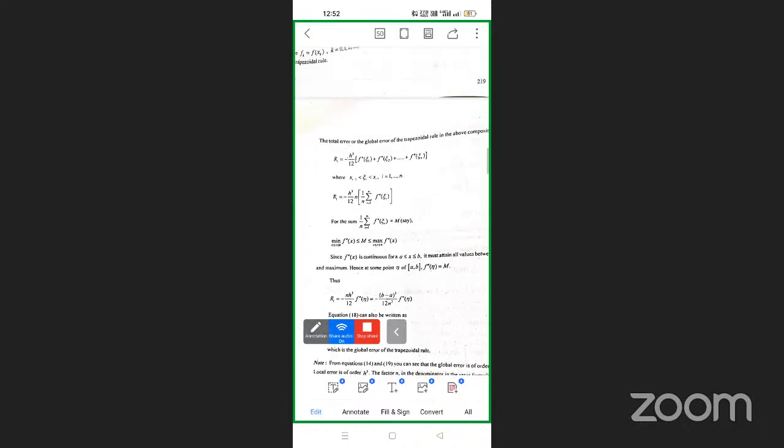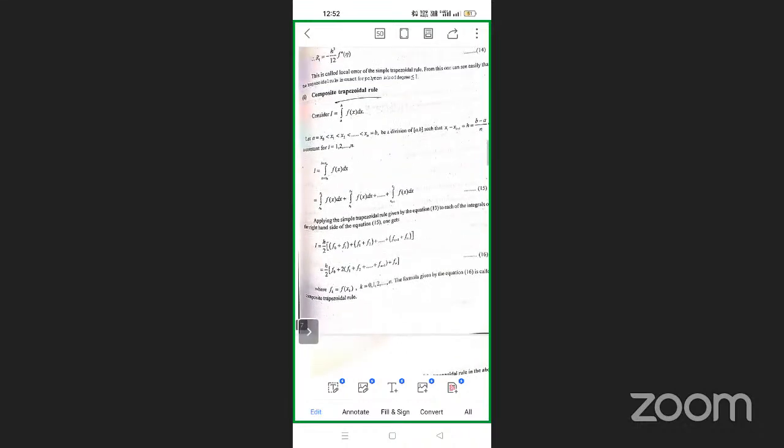The first method is the trapezoidal rule.